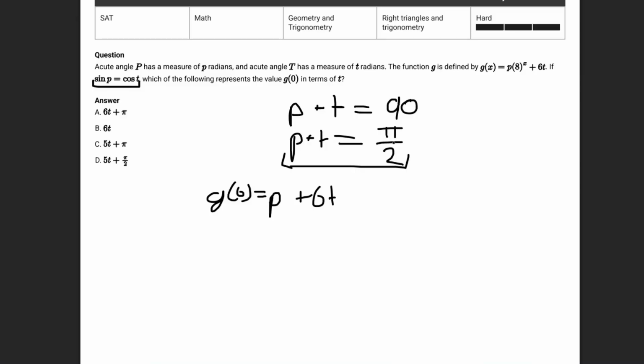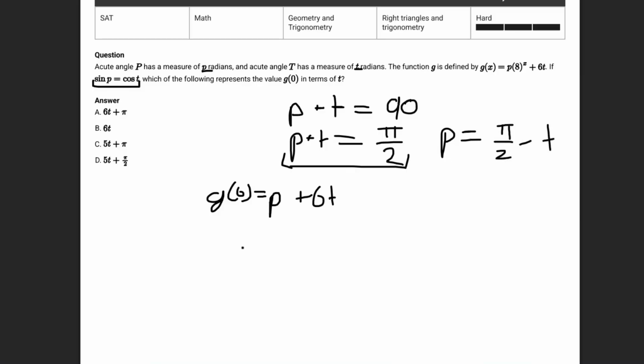Another reason why we converted 90 to pi over 2 is that p and t are actually in radians, so this also has to be in radians. Anyways, we can use this equation to determine that p is equal to pi over 2 minus t.